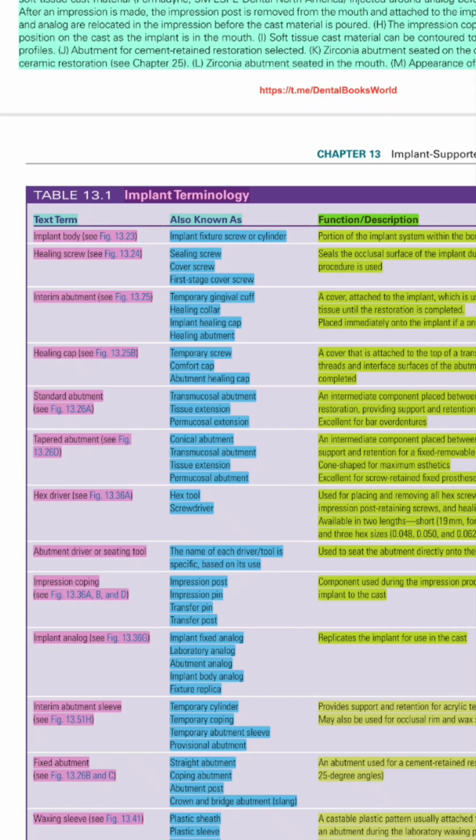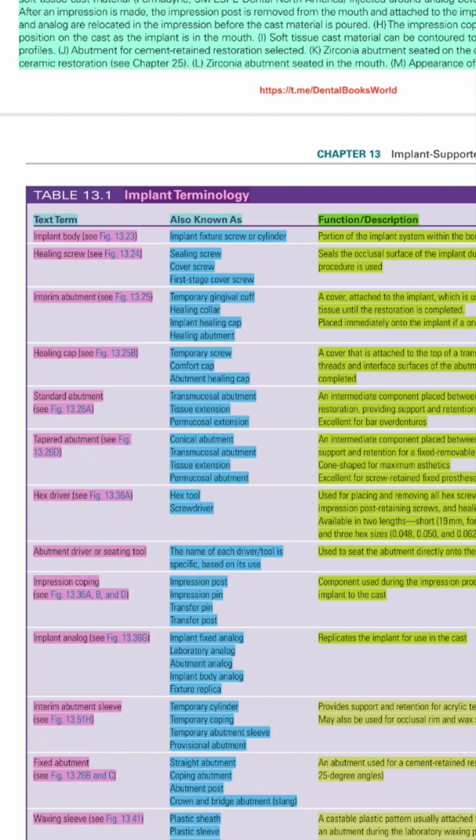So we have seen the implant body that is embedded within the bone, how it has several shapes, and also it varies by the metal used. We have seen the healing screw, which closes the top of the implant until we reopen or uncover the implant during the second stage of surgery.